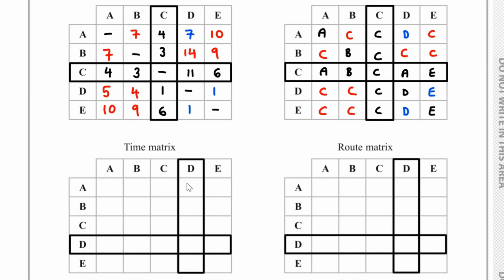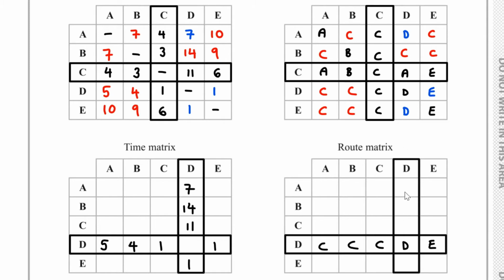So here we've got 7, 14, 11, and 1. And here we have 5, 4, 1, and 1. And here we have C, C, C, D, and E.